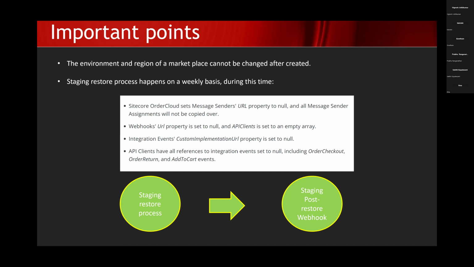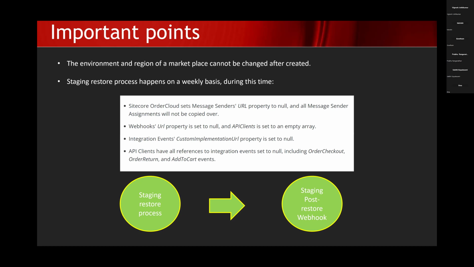During the staging restore process, there are certain things that become null. Like you can see the list, you might be tested on these. Sitecore OrderCloud sets the message senders URL property to null, and all message sender assignments will not be copied over. So these things you have to back up, and that's where you have a webhook working.